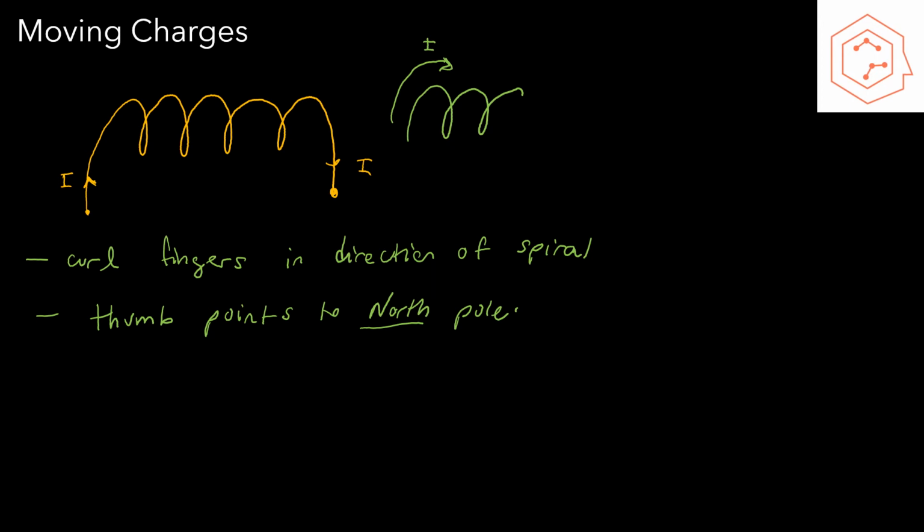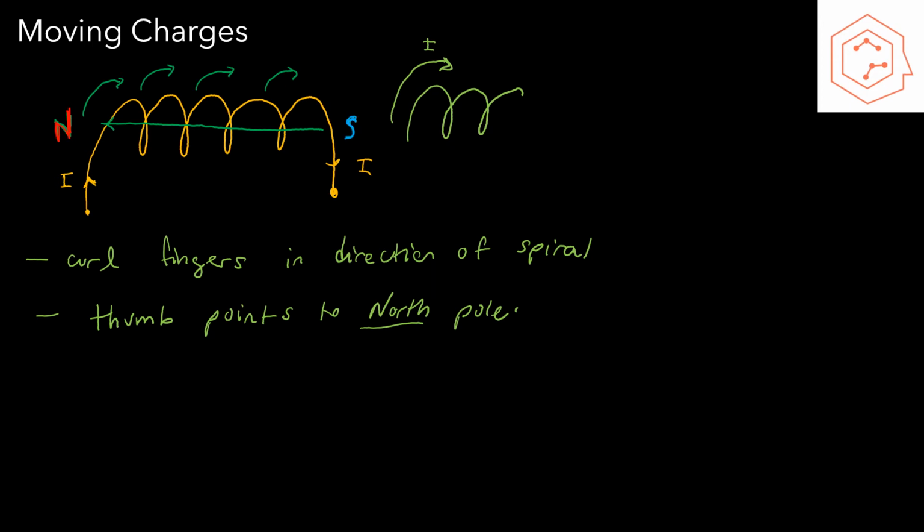So if we do this for the example we have here, we're going to curl our fingers away from us, or towards the page. And then we're going to see that our thumb points to the left. So our magnetic field looks something like this, where we have our north pole to the left and our south pole to the right.